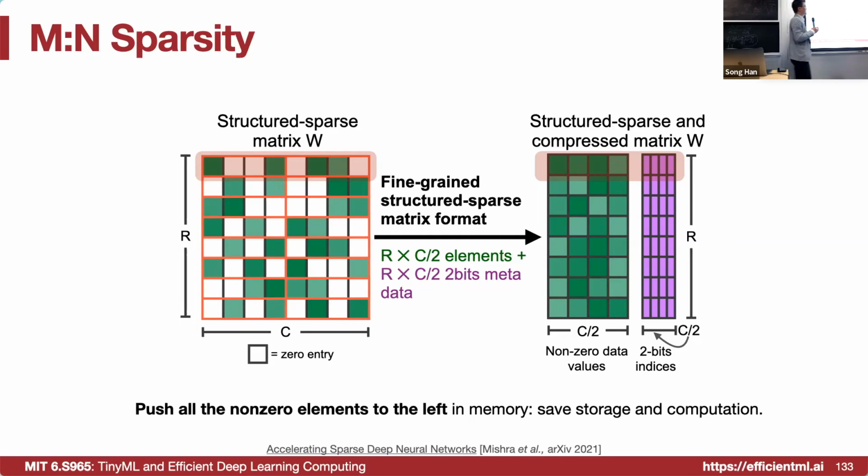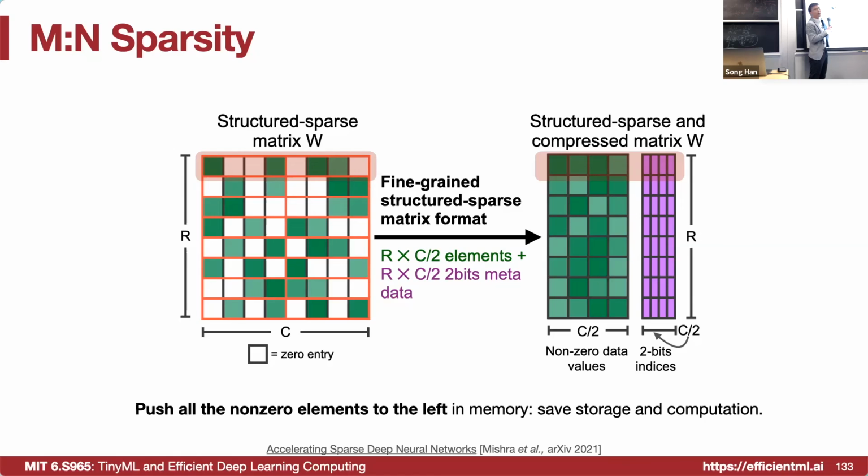How do we represent that? We can condense these 8 entries into only 4 entries. With 2 to 4 sparsity, we have at most 4 non-zero elements, and we have to store the index for each element. Each element can come from 4 locations: 0, 1, 2, 3.